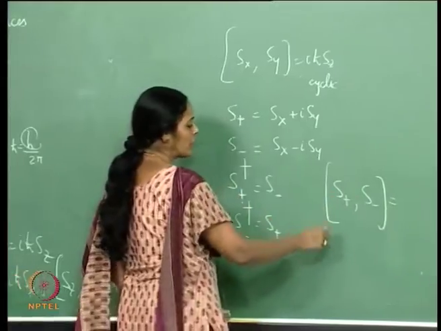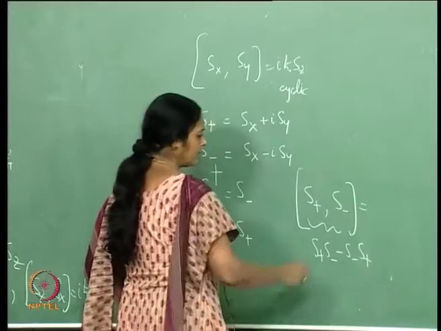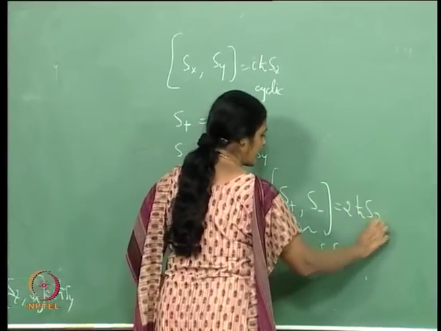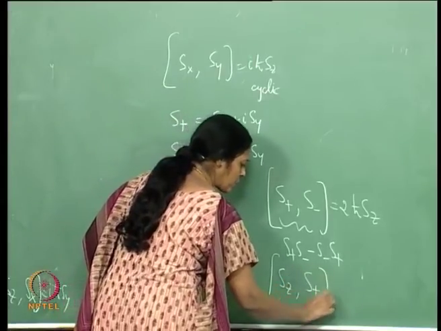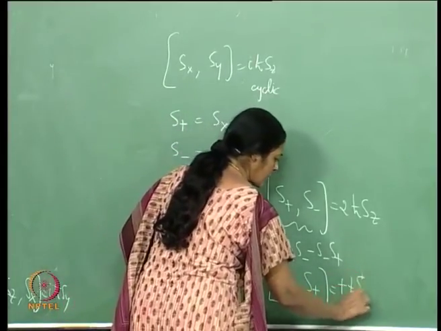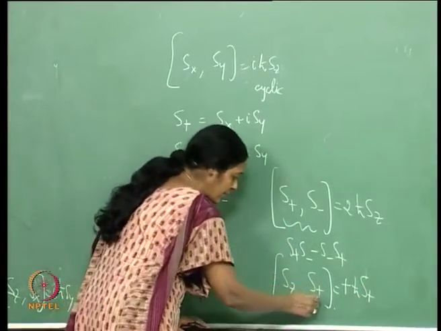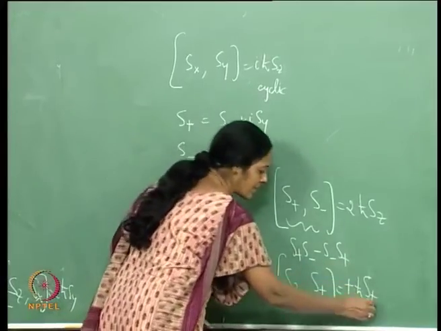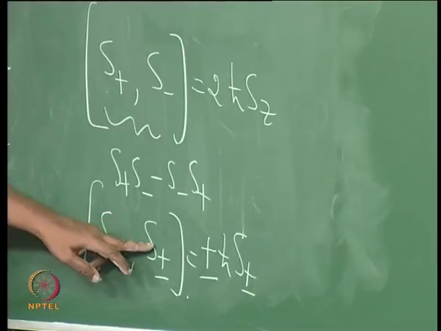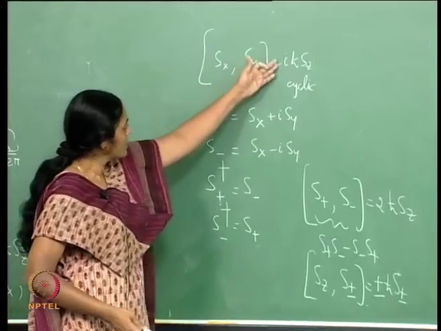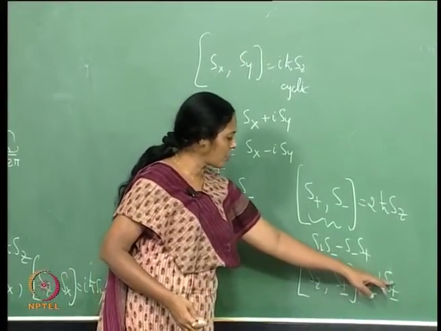The algebra translates, and you can check this out, to this. If you find the commutator of S plus with S minus, this will be 2 h cross Sz, and the commutator of Sz with S plus is plus h cross S plus.